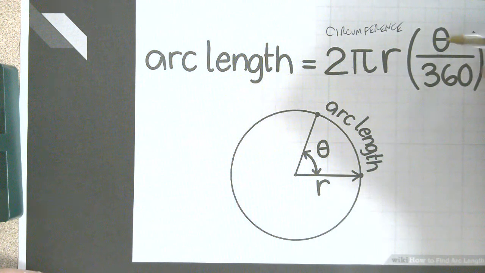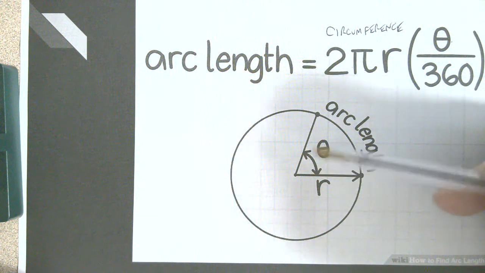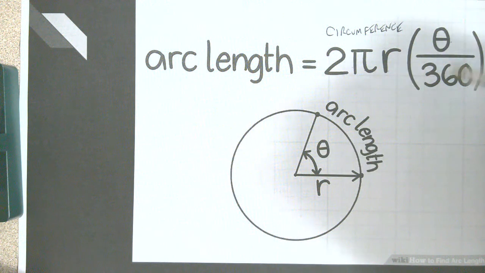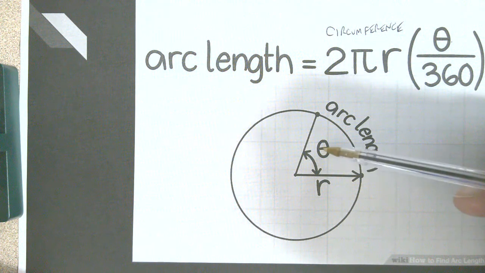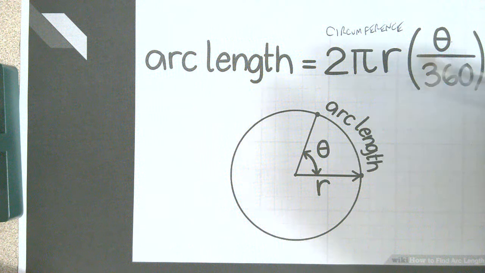The theta over 360 is just the percentage of the circle that we're going around. So it's going to be the central angle that you're using to fill in there. If that theta is 90 degrees, that's basically a fourth of the circle. If it's 180, we know it's half the circle.